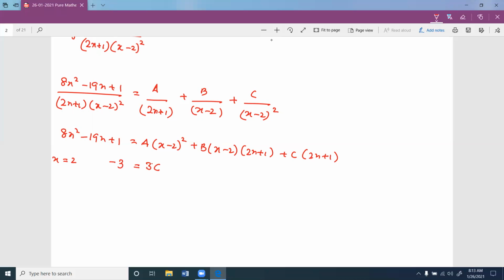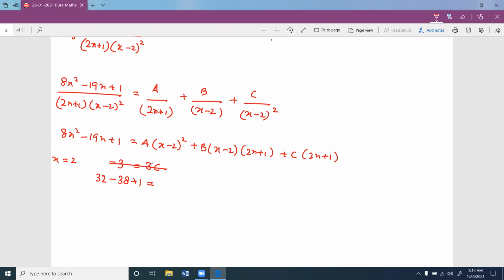Let me see if it's correct. If I put 2 here, 2 into 2 is 4, 4 into 8 is 32. 19 into 2 is 38, plus 1.